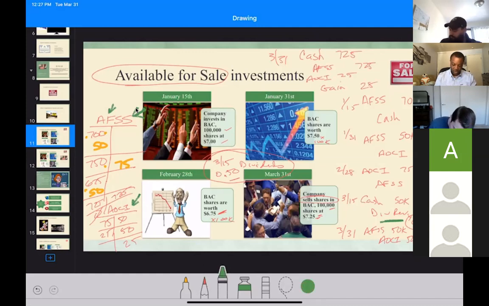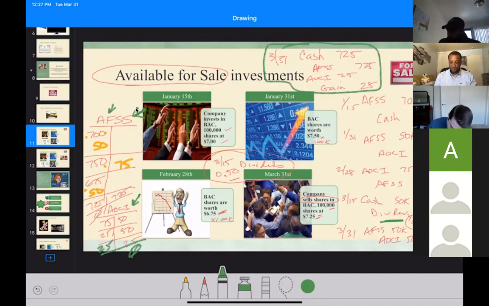This is the last journal entry that we do. We're just clearing off this AOCI account to get that to 0, and recording it as a gain. And that's a realized gain, right, not an unrealized gain? It is a realized gain, yes.